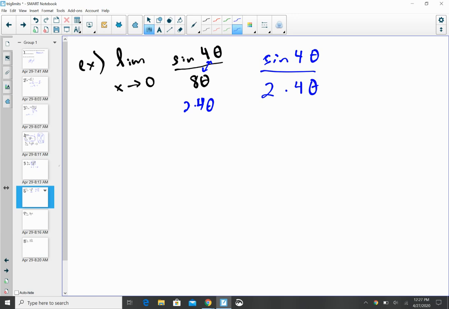Now, in this case, we don't need to multiply the top and bottom by anything. We have what we want in order to use the theorem right there. According to that theorem, that's going to equal 1. And now be careful, because this is technically 1/2, right? This is 1 over 2. So the answer is going to be 1/2.